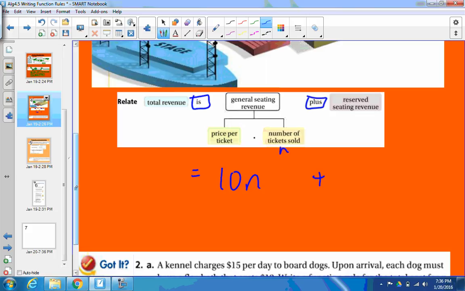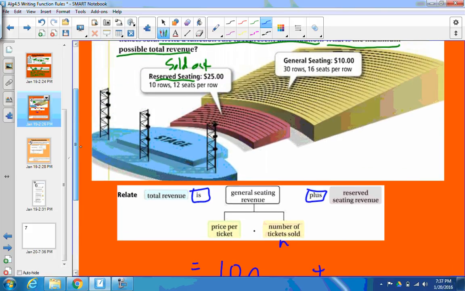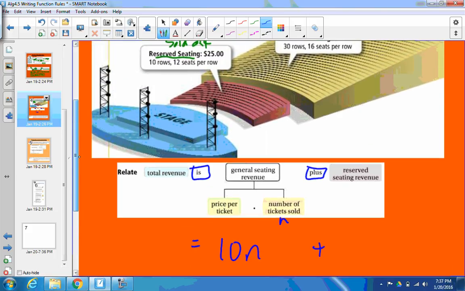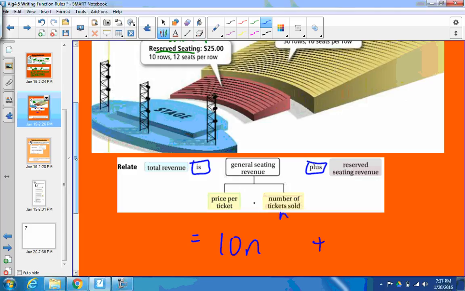So we can actually figure that out. If it's $20 per ticket, there's 10 rows and there's 12 seats per row. So that would be 120 seats total. So 25 times 10 rows times 12 will get you that. That's going to be our total revenue, we'll say is R.